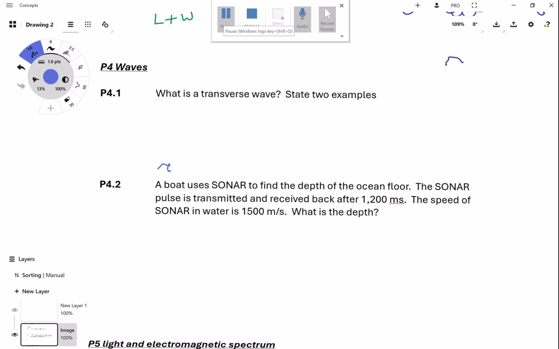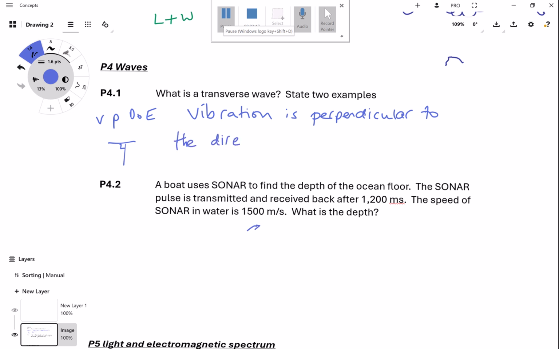Again, if I was in my exam, I'd write out V, P, D, O, E, T. Transverse wave: the energy's got to go one way, so the vibration is perpendicular to the direction of energy transfer.